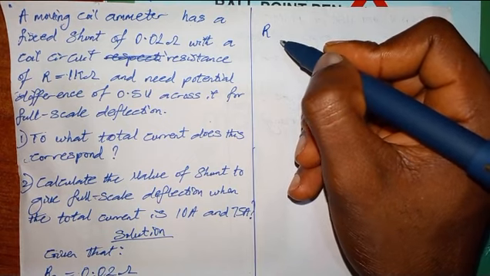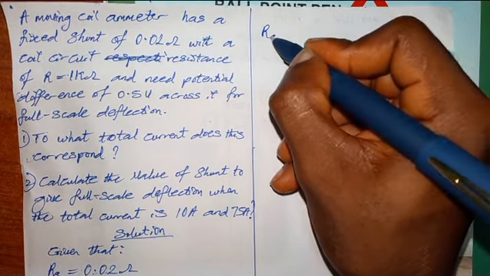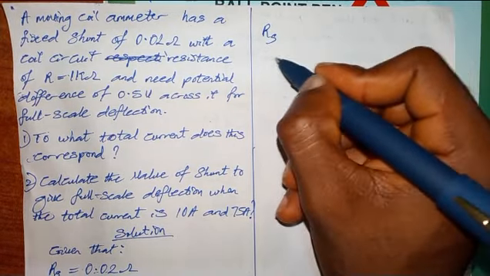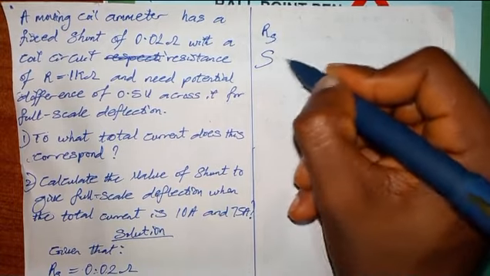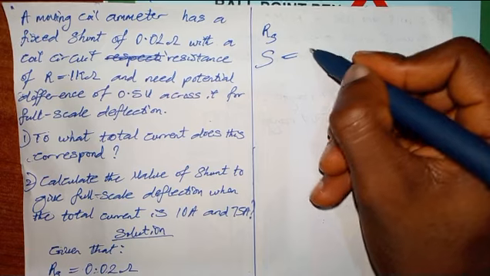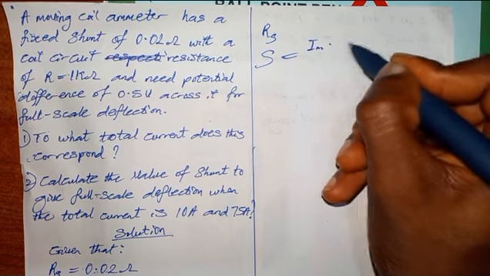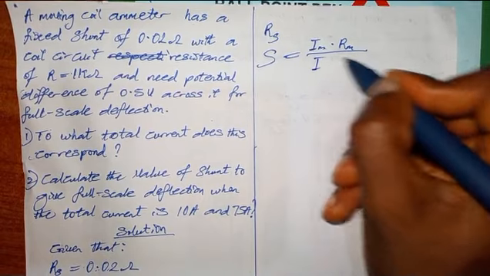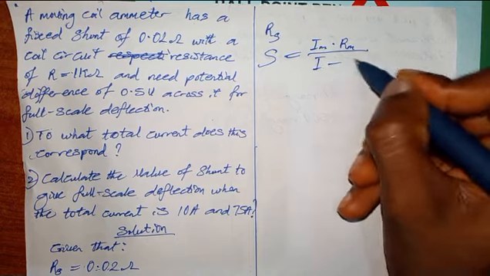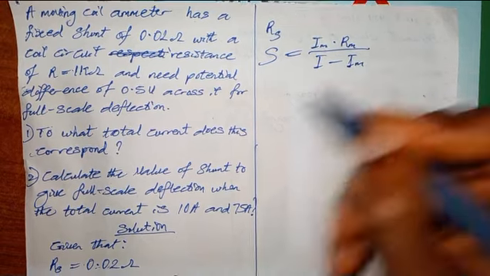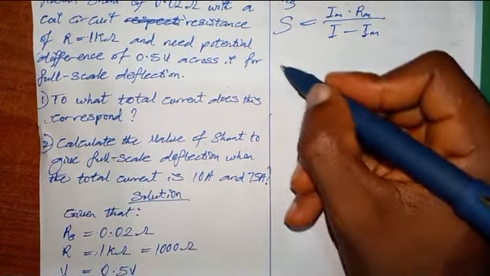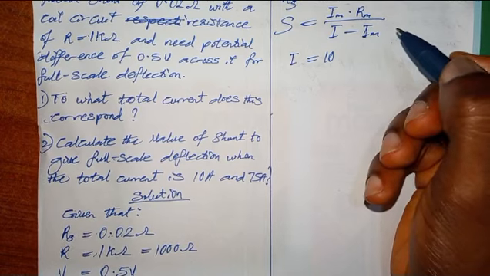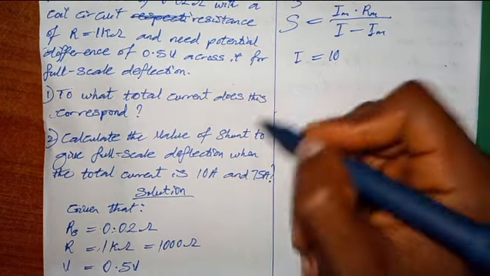Since we are looking for the shunt, Rs, it is Rs is equals to Im times Rm divided by I total minus Im, knowing that the total current given there is 10.